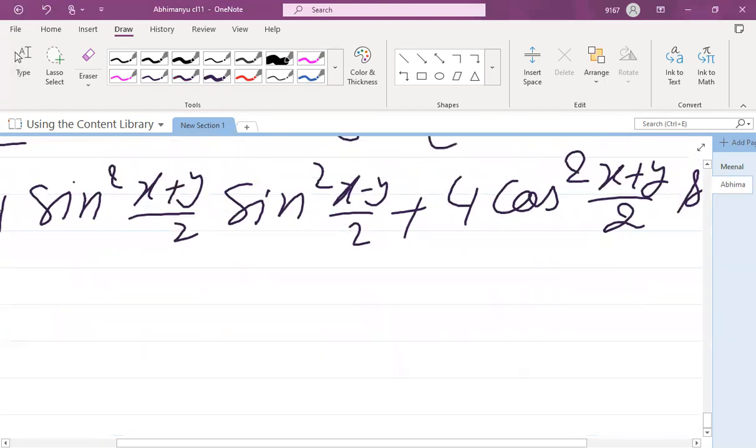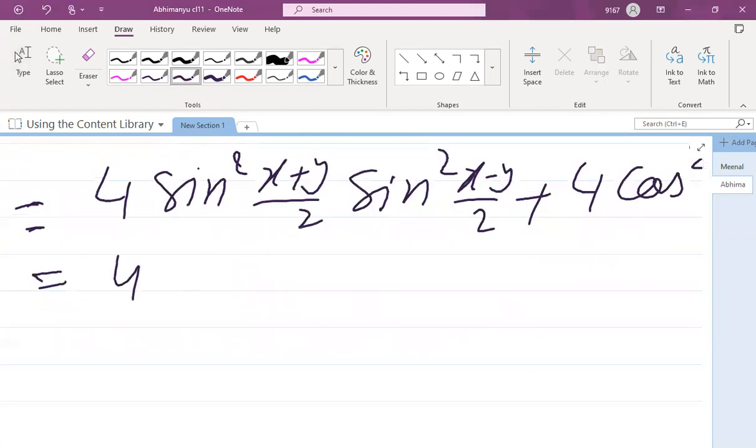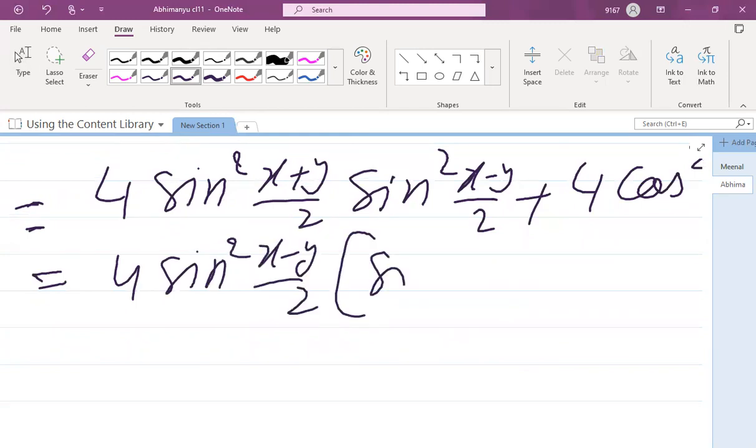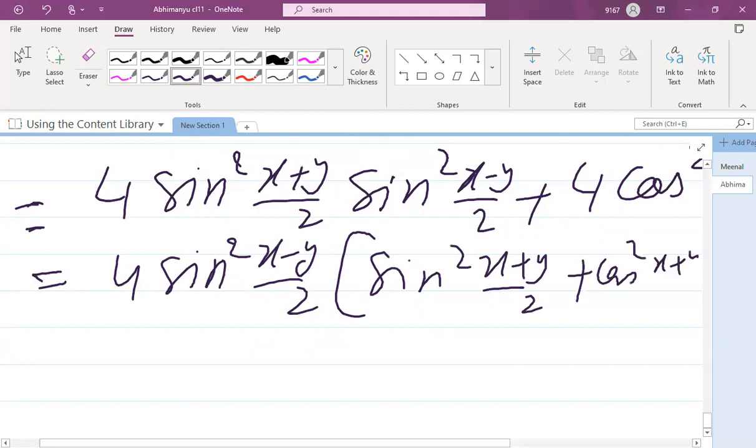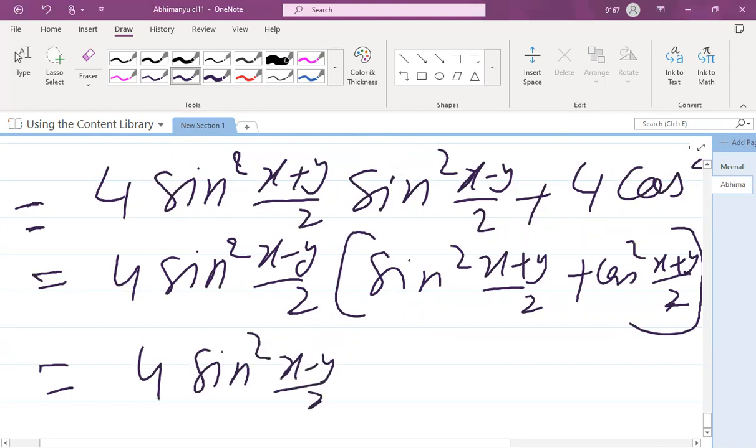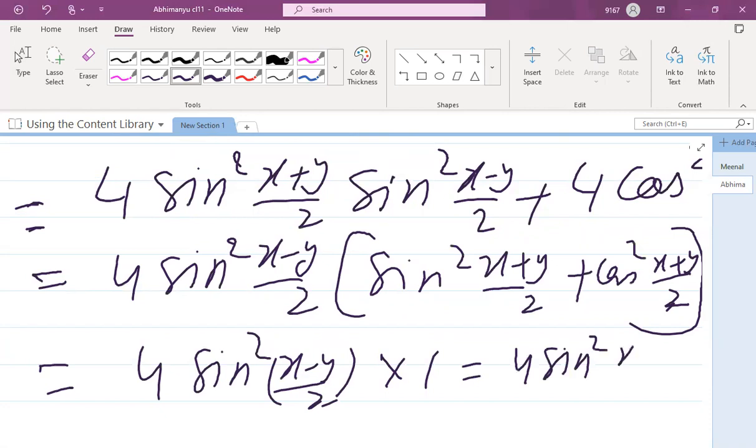So we are taking common 4 sin square x minus y upon 2. From here we have sin square x plus y by 2 plus cos square x plus y upon 2. So this is 4 sin square x minus y by 2 into 1, since sin square a plus cos square a is 1. So this is 4 sin square x minus y by 2. This is RHS, which we had to prove.